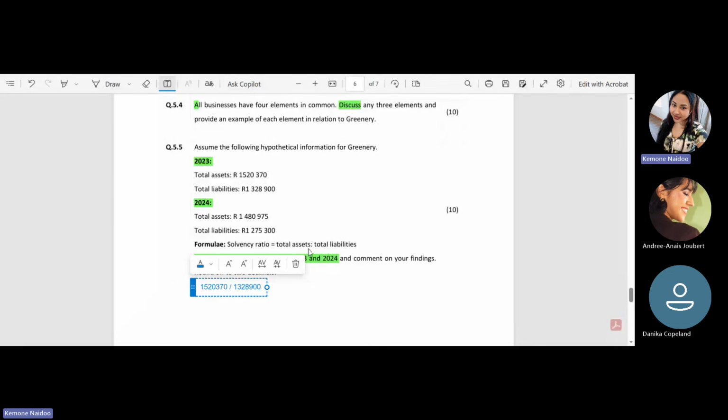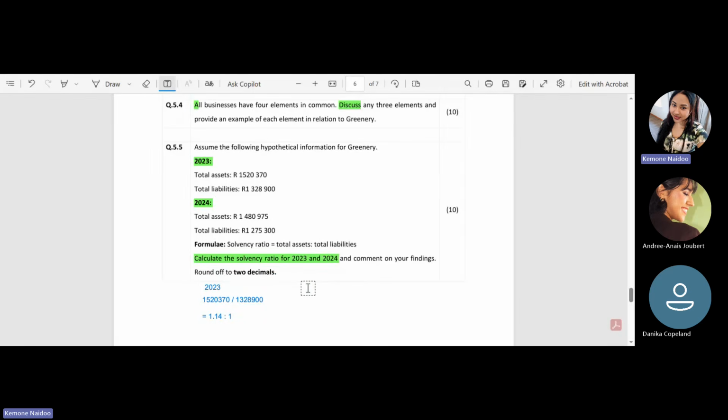Write out total assets is to total liabilities, because you get a mark for that. So write that out first. That is now inputting our numbers. And what you get when you divide the two is 1.14. Remember, you must have a ratio, so it'll be 1.14 is to 1. So this is the first one, for 2023.